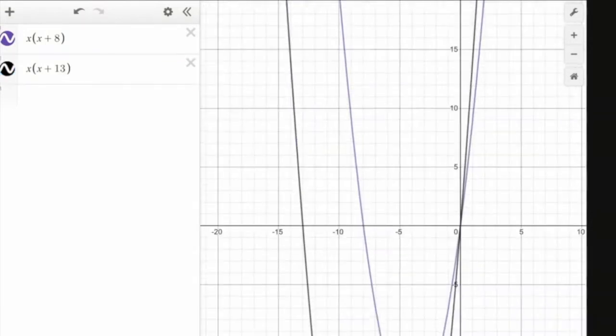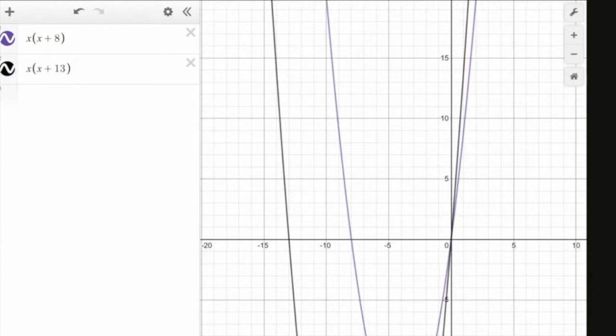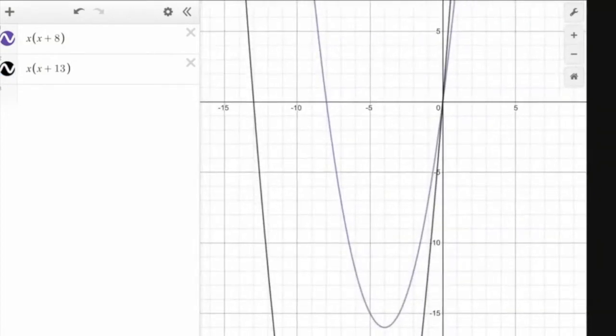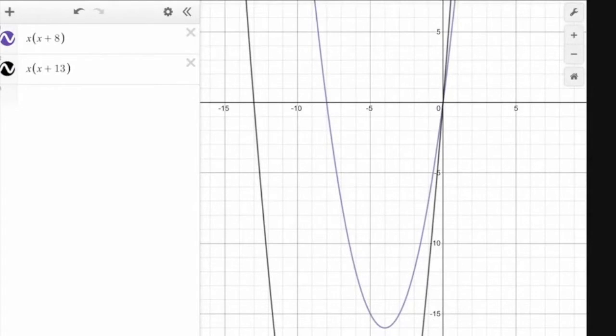Now, as you can see right here, we have zeros at two different places. Notice we're going through the origin, and this looks like -8 and -13.